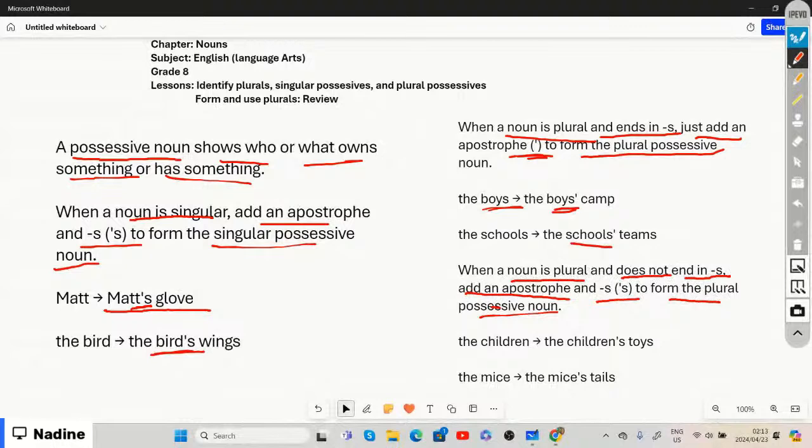Children refers to more than one child. So if we want to talk about the toys that belong to the children, then we can say children's toys. We added an apostrophe and an S.